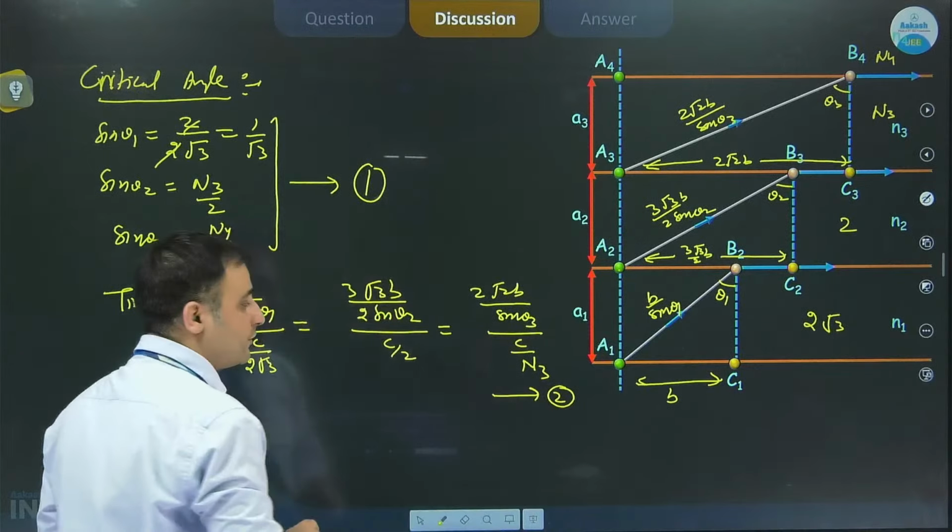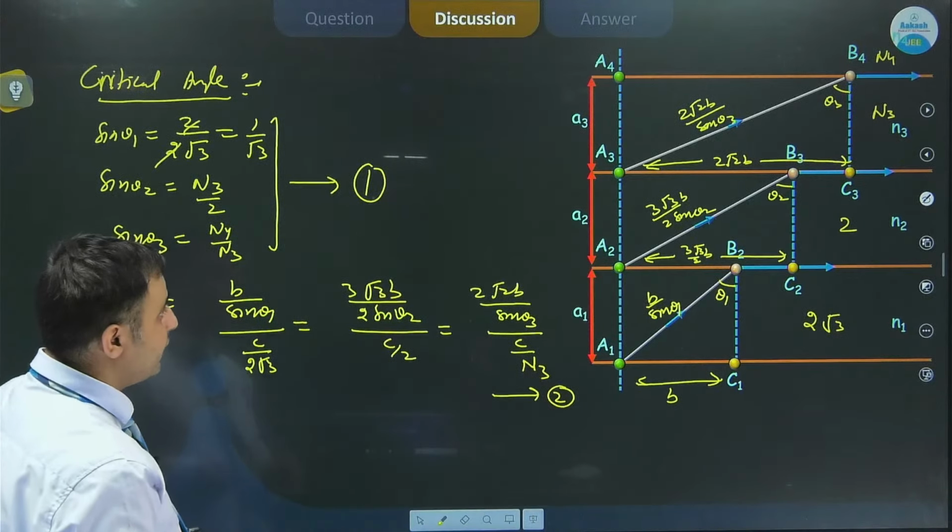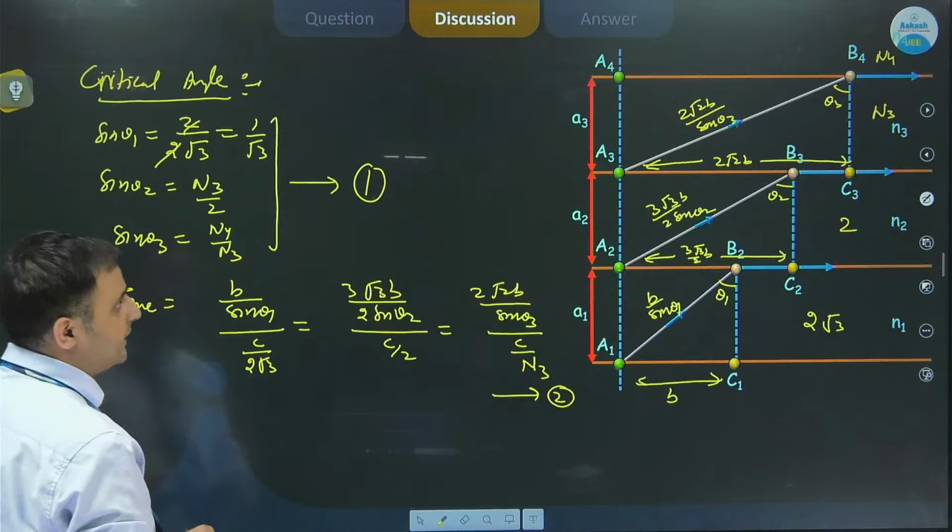So these two equations are formed now. Now we have to find A1, A2, A3 and n3, n4.